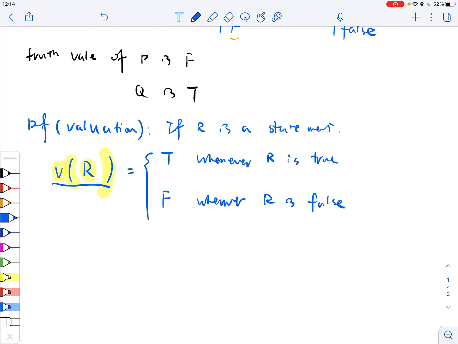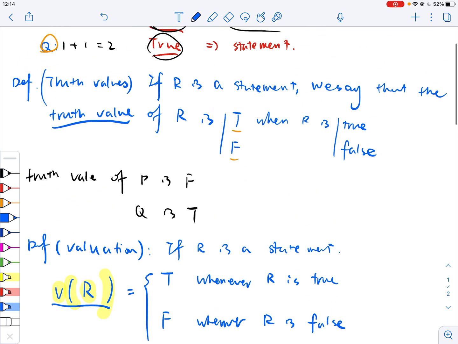So this is basically saying that if we have a statement, say it's called R, then we can say the valuation of R equals T whenever R is true, and the valuation of R equals F whenever R is false.